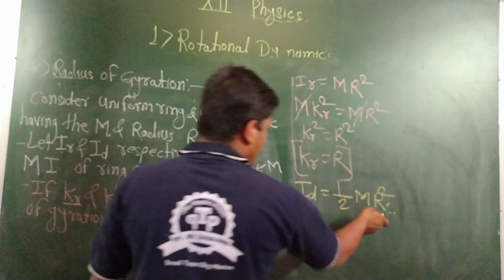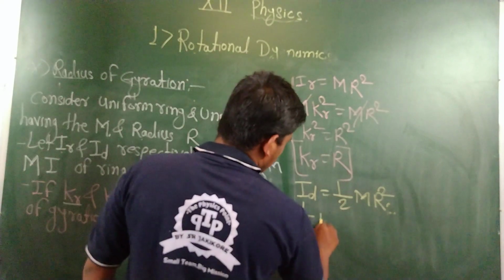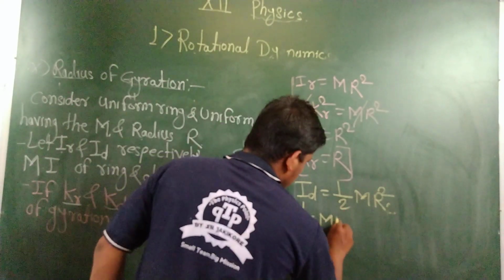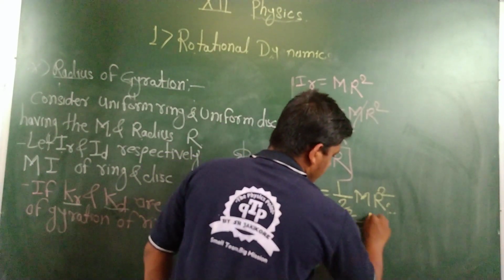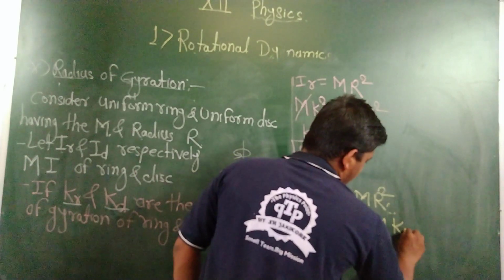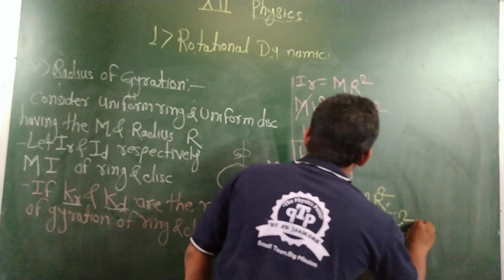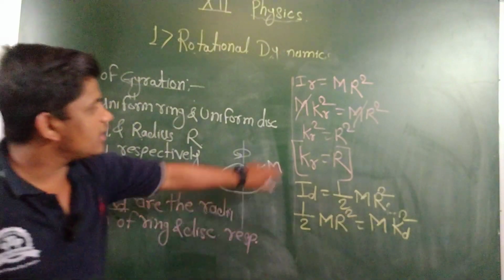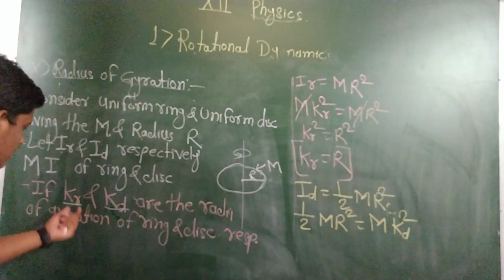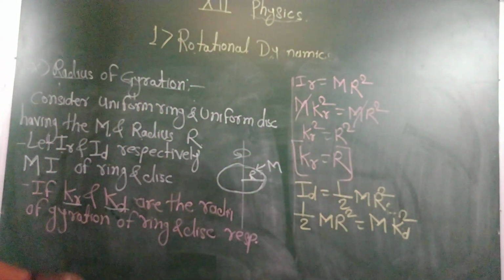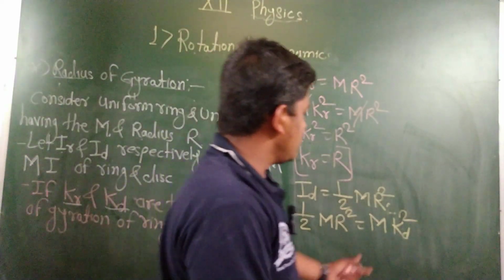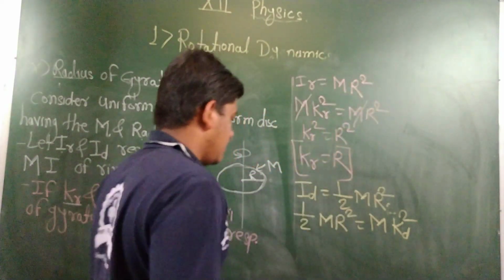Now the moment of inertia of the disk, ID, is equal to half of M R square. In terms of the radius of gyration, it is equal to M into KD square. KR is the radius of gyration of the ring and KD is the radius of gyration of the disk.